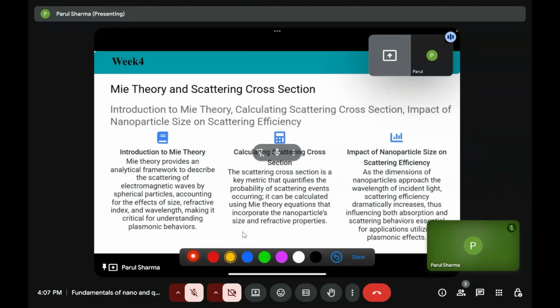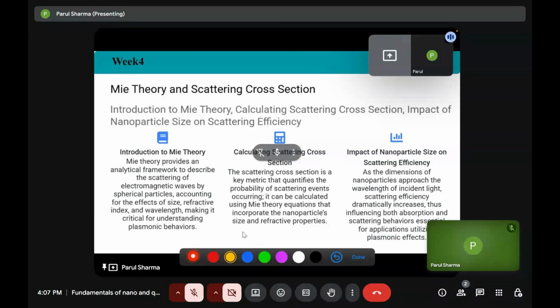So we saw the theory for the nanoparticles. We consider the scattering cross section. Mie theory provides an analytical framework to describe the scattering behavior of spherical particles, accounting for the effect of size, shape, refractive index, and wavelength. And the scattering cross section is a key metric that quantifies the probability of scattering events occurring.